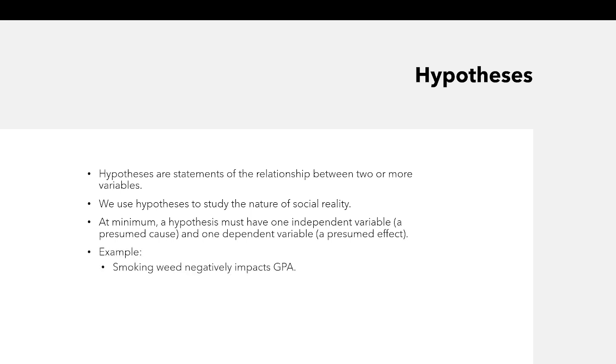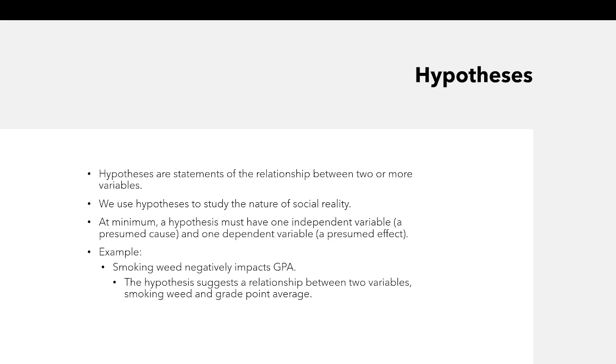As an example, if we describe this relationship between smoking weed negatively impacting GPA, that's a hypothesis, right? We're talking about this activity, smoking weed, and then this measure of student performance in a course, GPA. I'm not going to ask you to differentiate between variable types here.